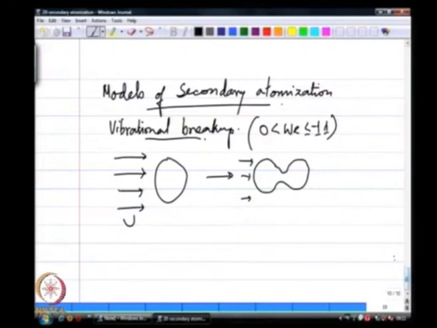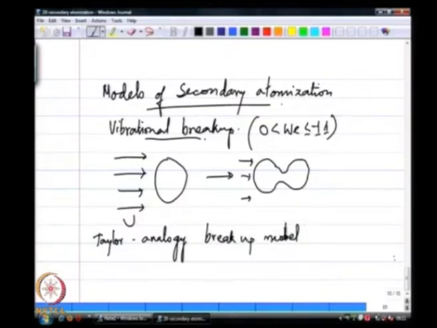The simplest of models used to describe this regime of breakup is called the Taylor analogy breakup model, very often called the TAB model.